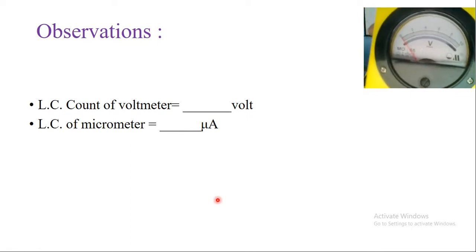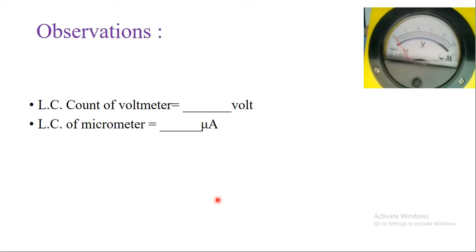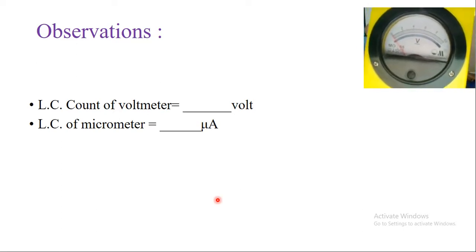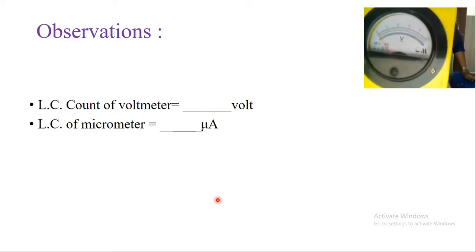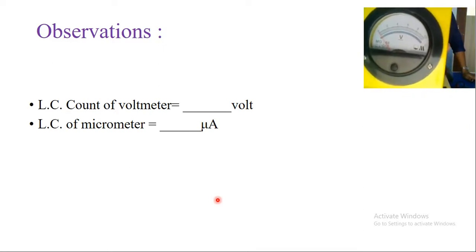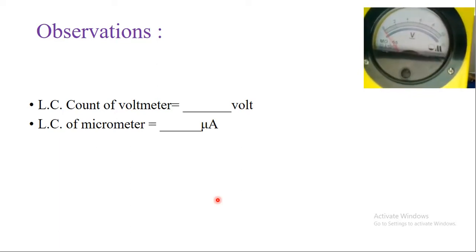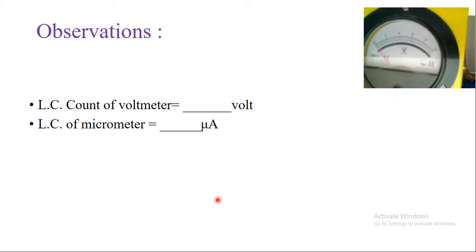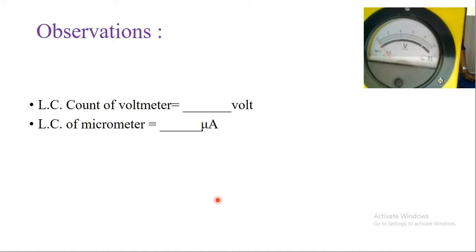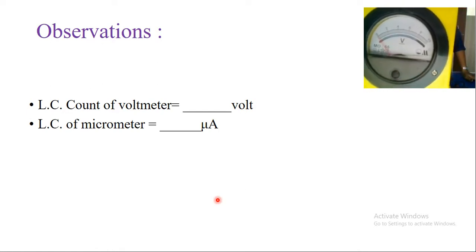So 2 divided by 10 means 0.2 volt is the least count of voltmeter. So we'll write down the least count of voltmeter is 0.2 volt. How have we calculated? We have just counted the number of lines. Between 0 to 2 volt there are 10 lines. So 2 divided by 10 means 0.2.